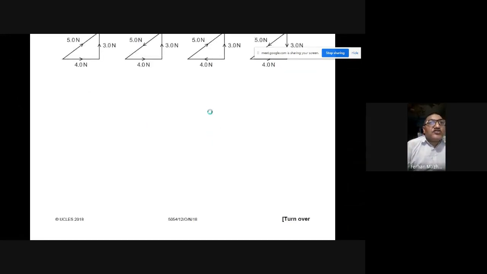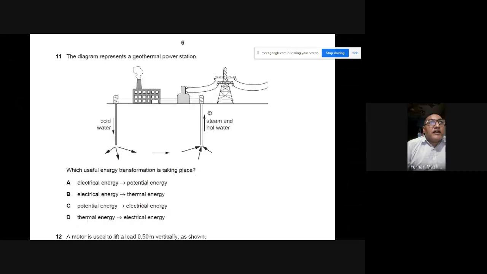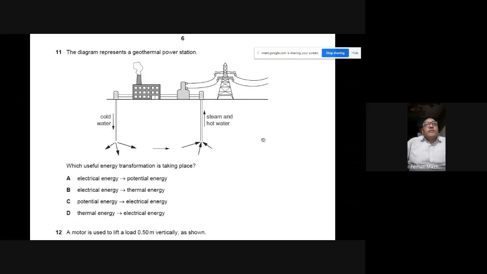Next question on your screen is question number 11. The diagram represents a geothermal power station. Which useful energy transformation is taking place? In this, we take cold water and pump it into the earth, and it gets hot and converts into steam, and that steam comes out of this shaft.